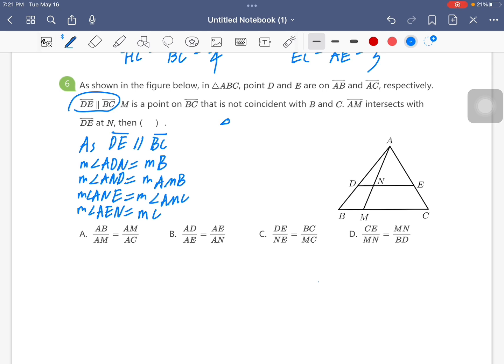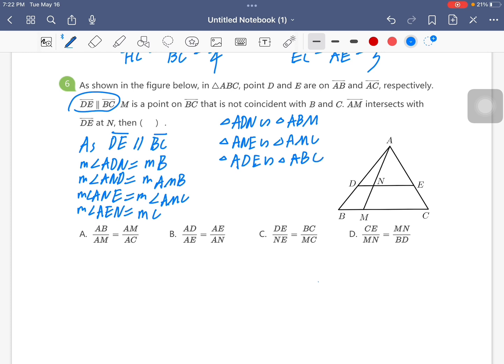Respectively, triangle ADN is similar to triangle ABM, and triangle ANE is similar to triangle AMC. And the bigger one, triangle ADE is similar to triangle ABC.